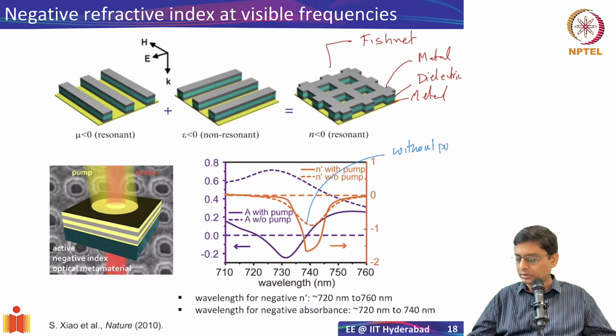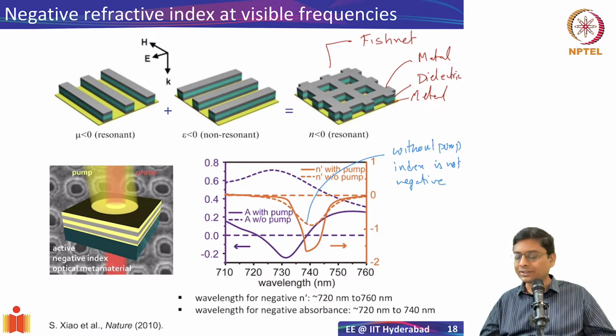Without pump, the index is not negative. The big problem there is the loss. The loss was high, so you're not getting negative index. But if you pump it, you see here in the small frequency range, the index is negative.